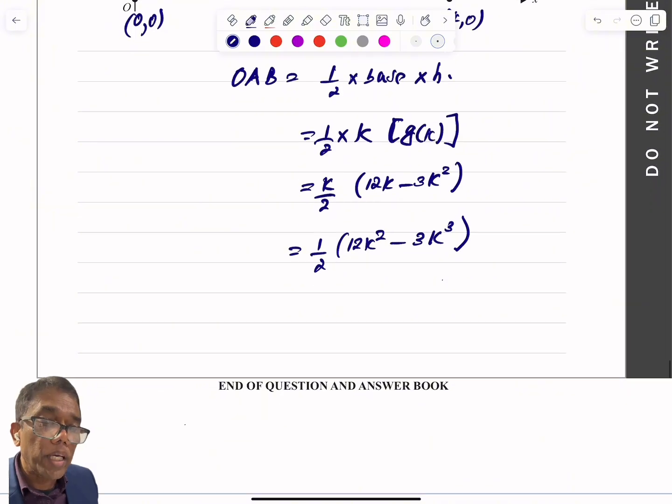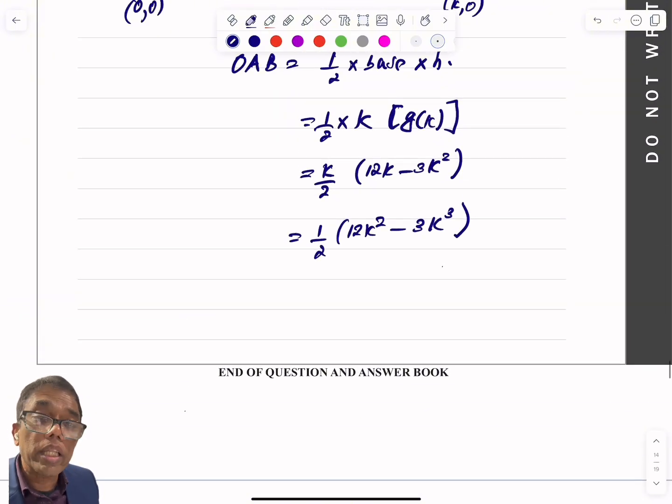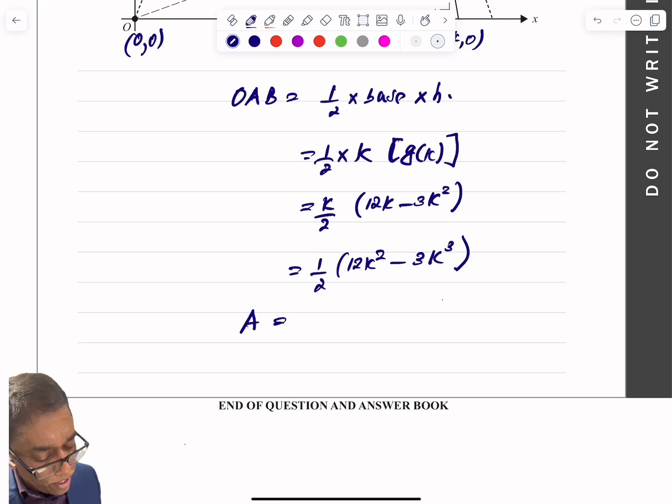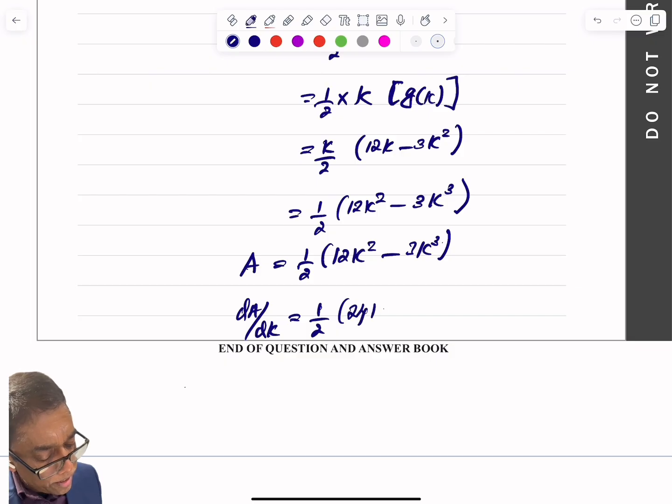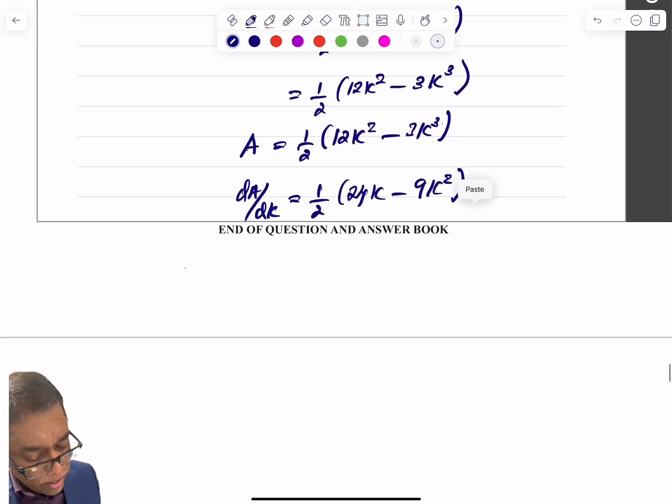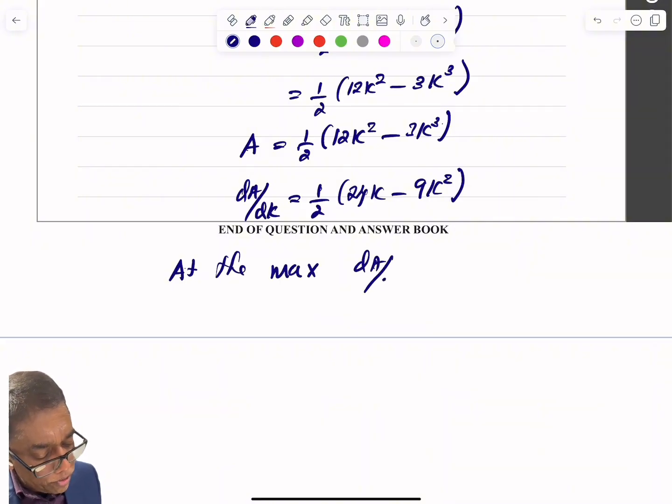For the maximum area, we have to find the derivative of the area. I'll take A is equal to half times 12k squared minus 3k to the power of 3. Therefore, dA/dk can be written as half times 24k minus 9k squared. Now, at the maximum, dA/dk is equal to 0.